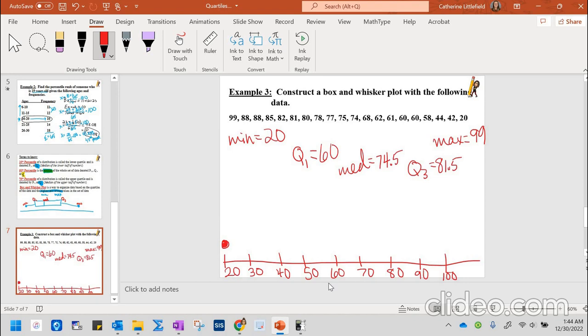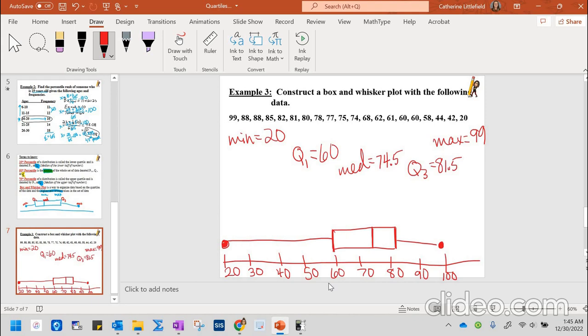Our maximum is 99, which is right about here. Our Q1 was 60, so that's the bar of one side of our box. Q3 was 81.5-ish, and our median was almost 75. So then connect your box to your whiskers, and that is our box and whisker plot.